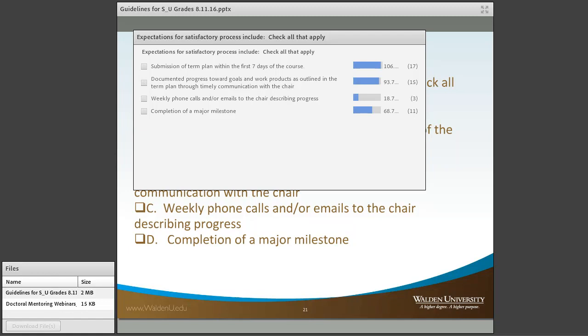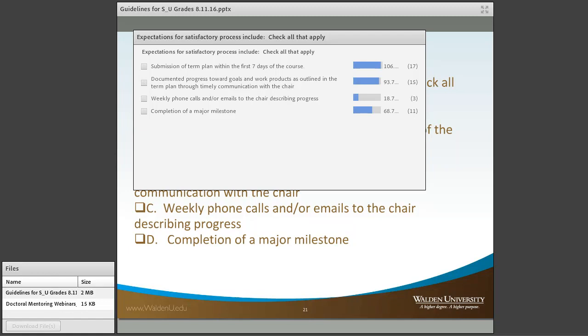Many of these are examples of things that can be, and it really is, like I said before, dependent on the term plan, but it is absolutely essential that there is a submission of a term plan within the first 7 days, and that's a requirement.